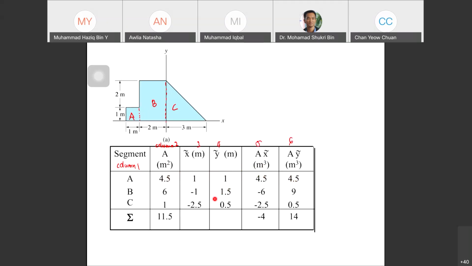For the first row we have segment A. What is the area for segment A? We have 1 meter times 1 meter.